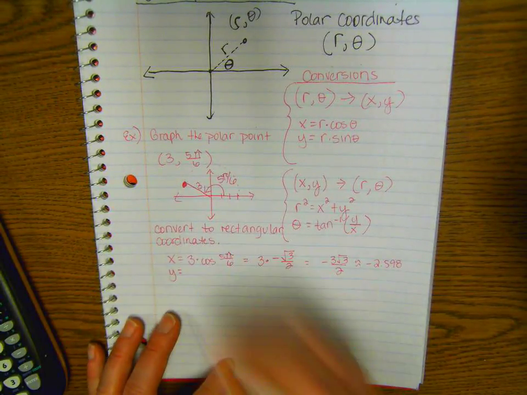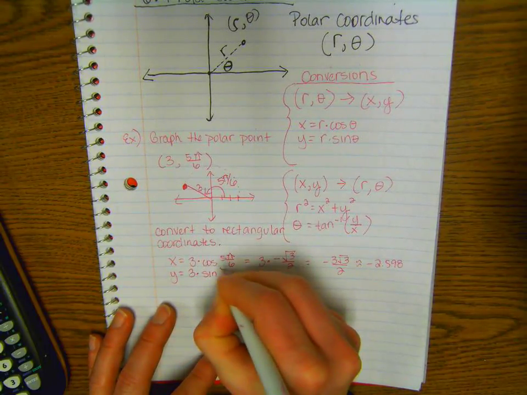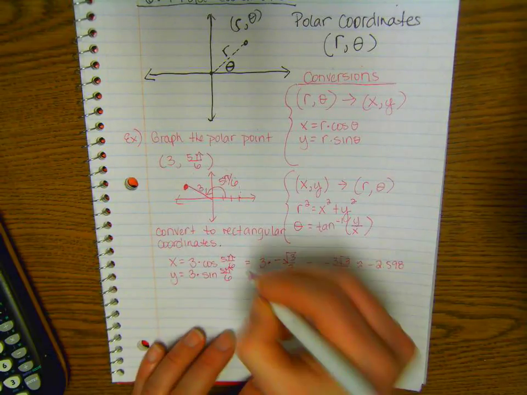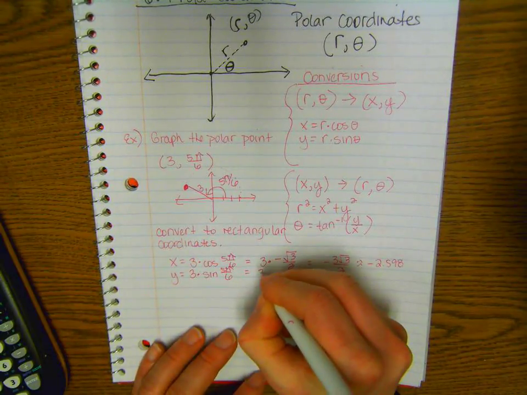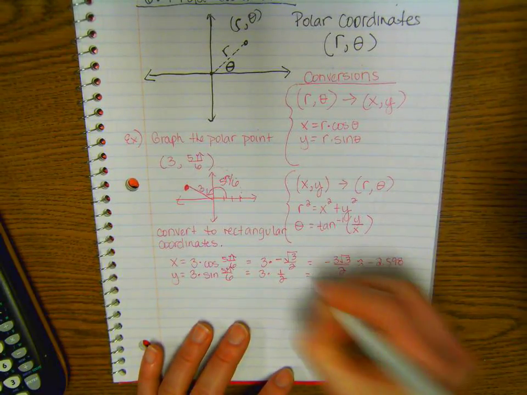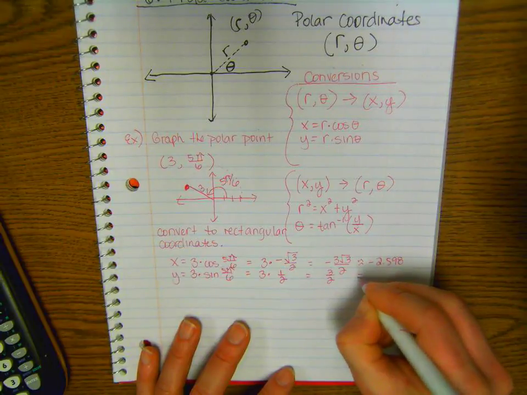Then y is equal to 3 times the sine of 5 pi 6. So what's the sine of 5 pi 6? 1/2. So 3 times 1/2 is 3/2, which is 1.5.